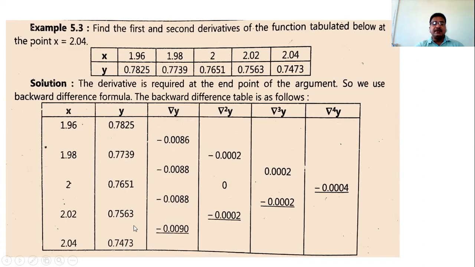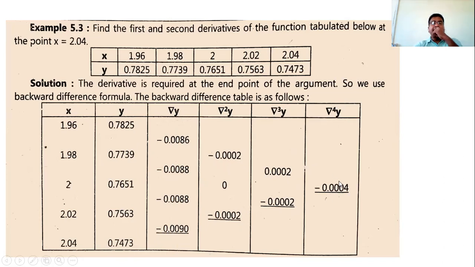And this number minus this number at this place. Then again del square y: this minus this is at this place, and this minus this is 0, and this minus this is minus 0.0002. Then del cube y, this minus this at this place, and this minus this at this place. And del raised to 4y is this minus this, so minus 0.0004.